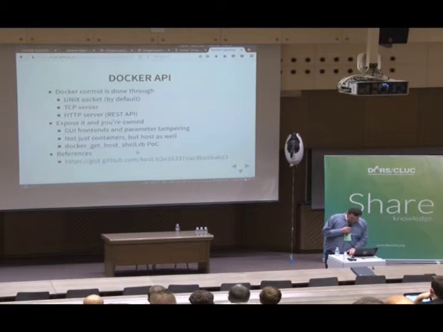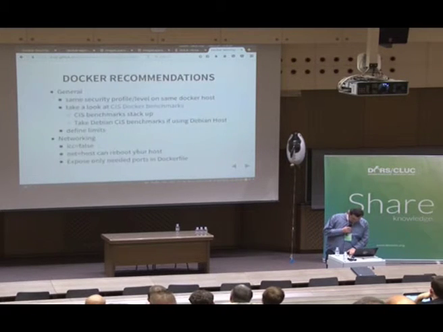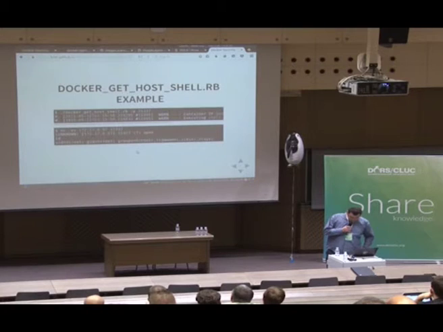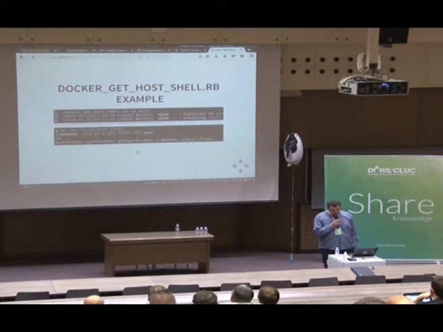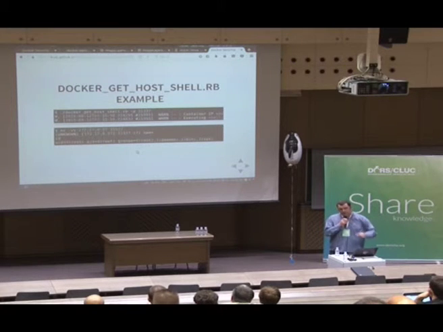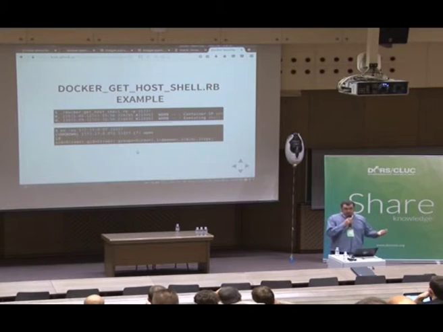I wrote one proof of concept. You can see it here. It's a quick example. You just write how you can access the Docker API, and then you can get a host shell, a root shell on that one, right?